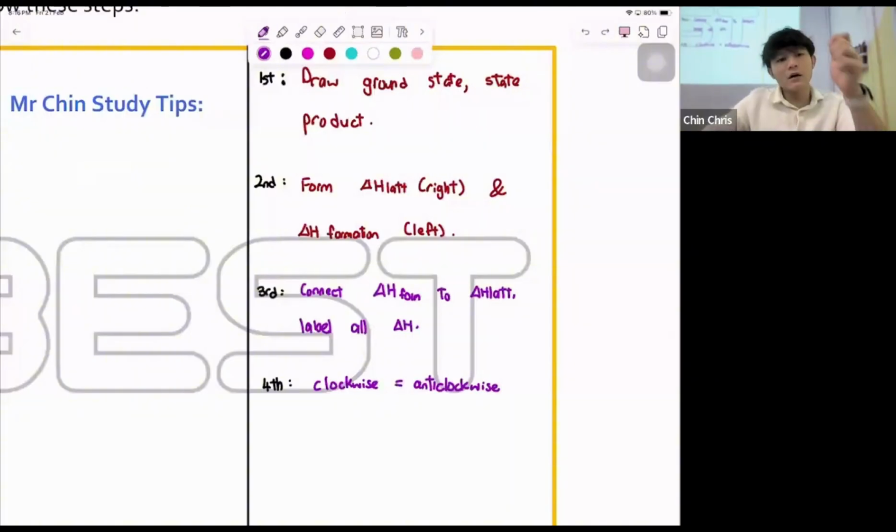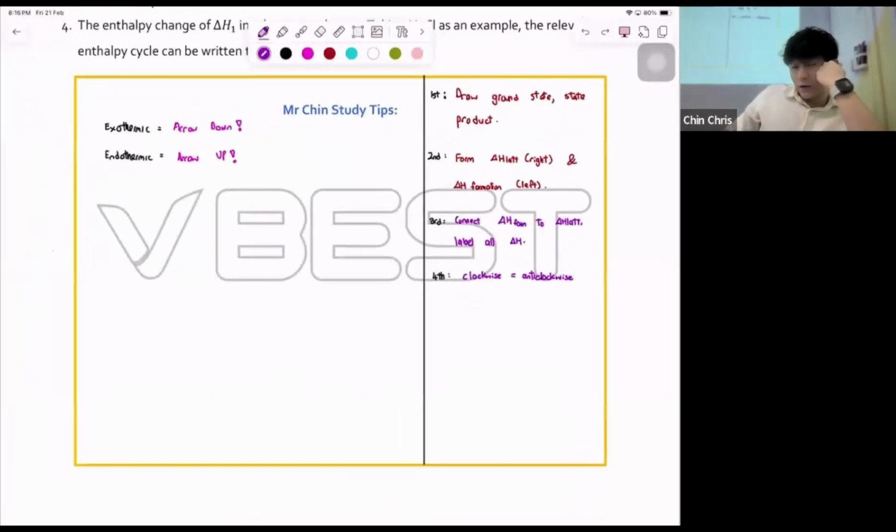All right, guys, now, what do you mean clockwise, anti-clockwise? Later I'll show you, don't worry.